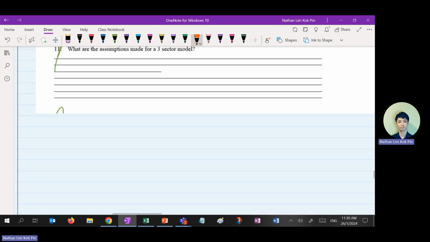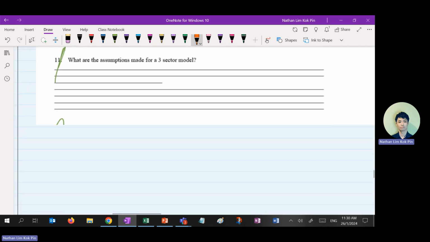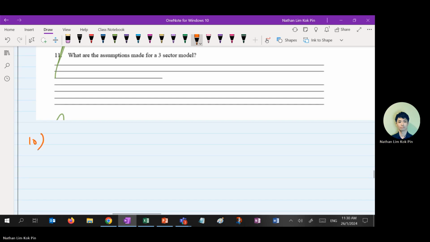This one we need a little bit more space, so I write here. Always start with definition. First of all, savings can be defined as the partial of income that is not spent.